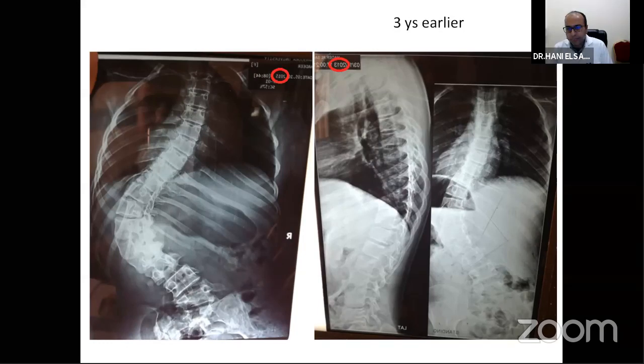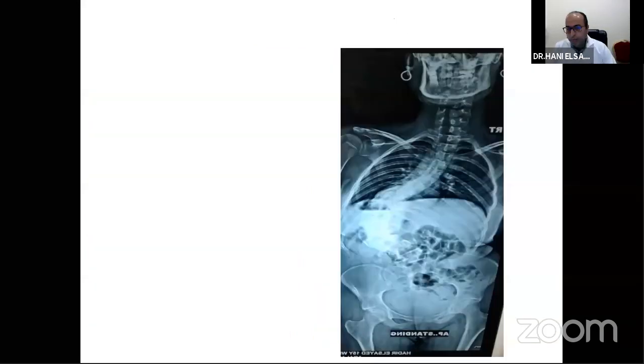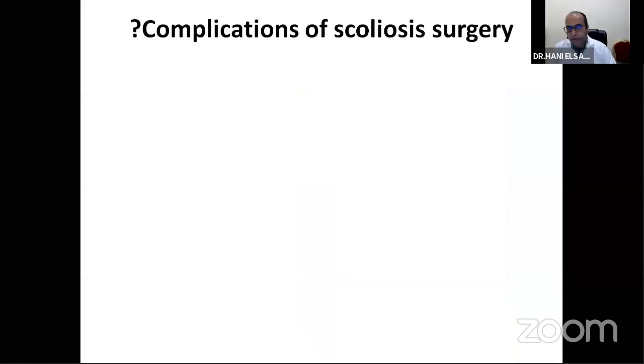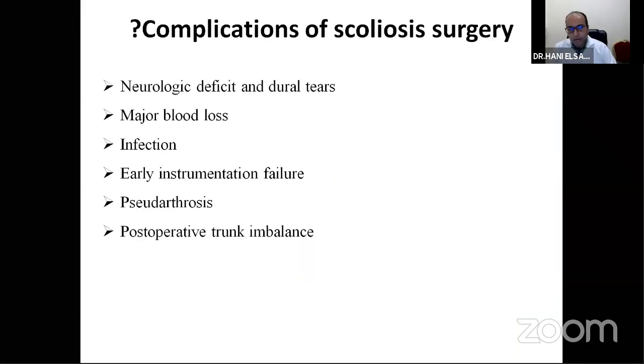So we faced this high degree spine deformity, which necessitates correction, but we feared the complications of scoliosis surgery, which include neurologic deficit and dural tears, major blood loss, infection, early instrumentation failure, pseudoarthrosis, and post-operative trunk imbalance.